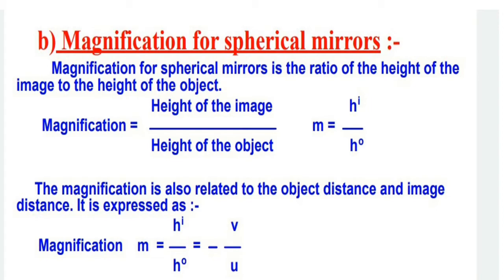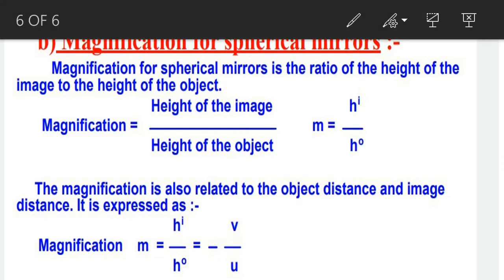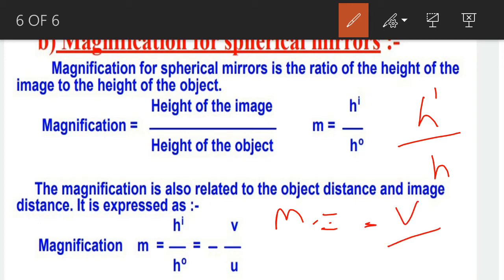Here magnification is defined as the ratio of image height to object height. As you can see here, height of the image divided by height of the object, where the image height is taken as h dash and the object height is taken as h. Magnification can also be defined in terms of image distance and object distance, so m is equal to minus v upon u.